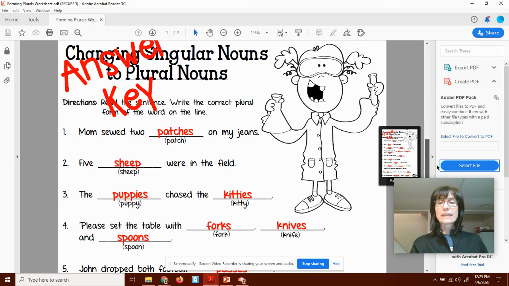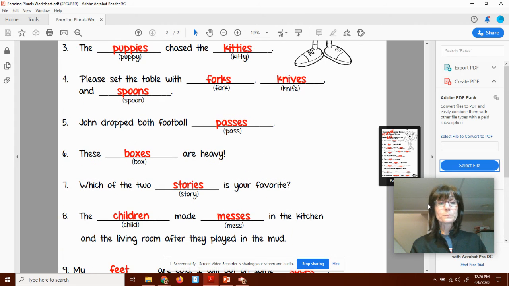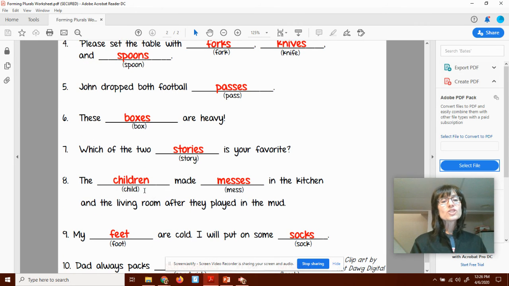If we look at the answers on the next sheet, it shows me that John drops both football passes. The SS gives me the ES. These boxes are heavy. I know as soon as I see an X, I add an ES to that too. A child becomes children. Foot, feet. So remember those and refer back to it.